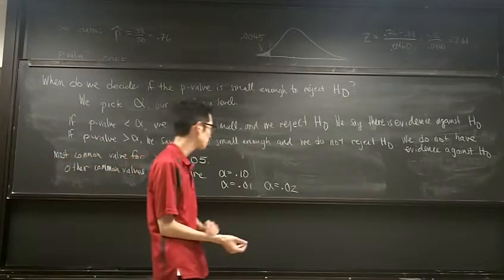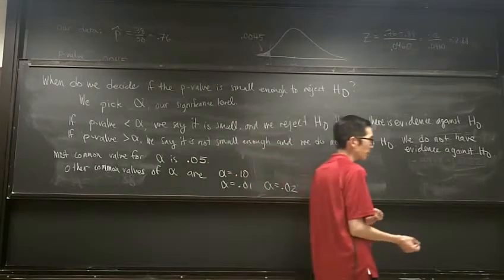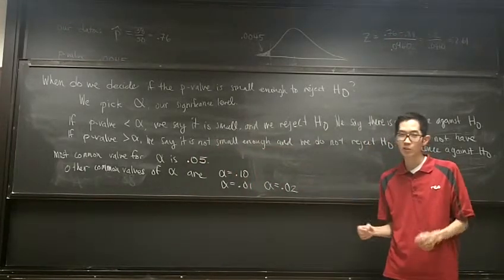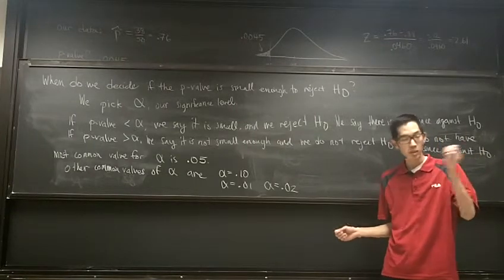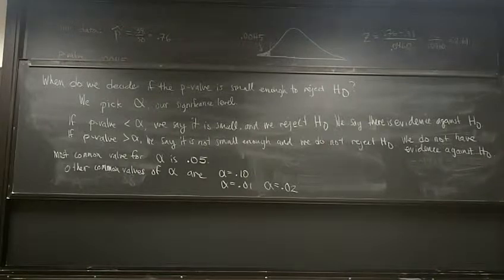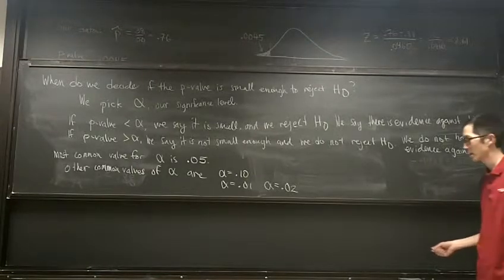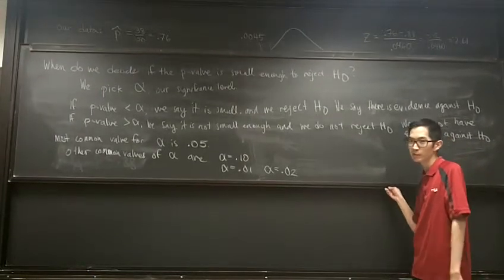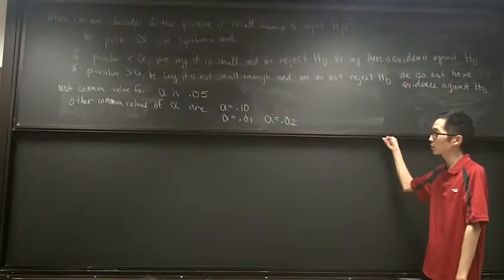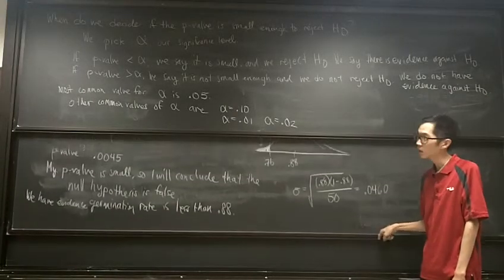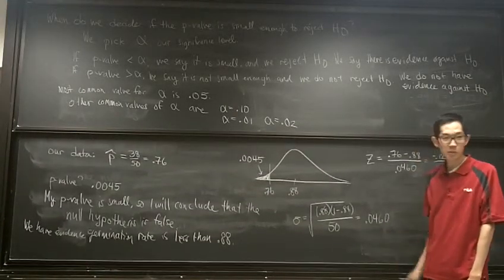Almost no one picks, it's very rare to pick an alpha larger than 10%, okay? But pretty much any value between 1 and 10% is generally allowed. And sometimes people pick even smaller values for alpha, smaller than 1%. What's the largest you can pick? Rule of thumb, 10%.